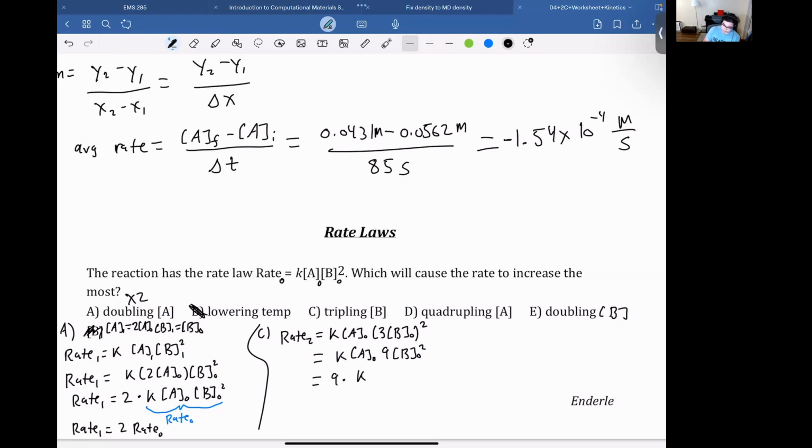You rearrange this a little bit. And then you can see that once again, this is the original rate. So this is 9 times the original rate.